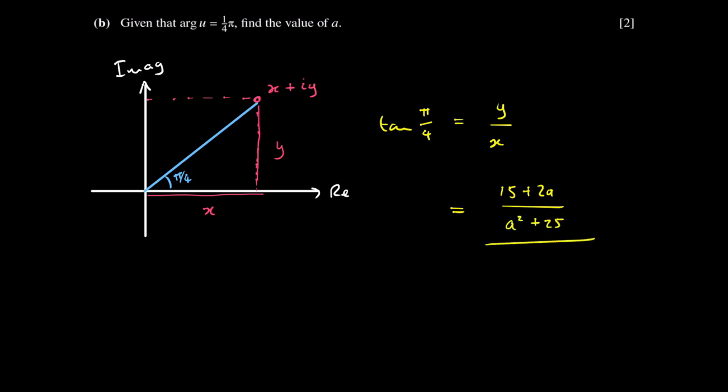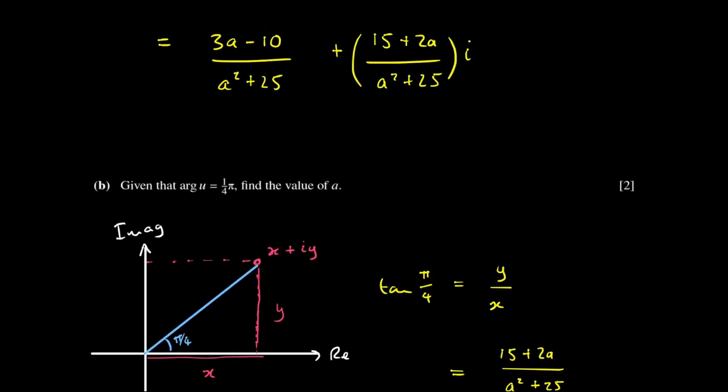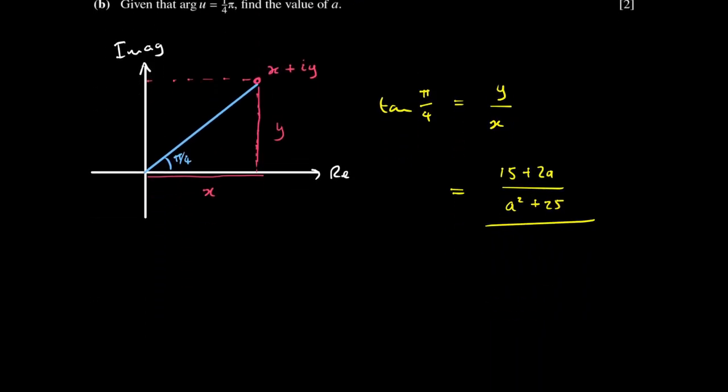And then divided through by the x-coordinate, which was 3a minus 10 over a squared plus 25. And if you key tan pi by 4 into your calculator, you'll get 1. Now then, what we can next do is cancel off the a squared plus 25, because we multiply top and bottom by a squared plus 25.